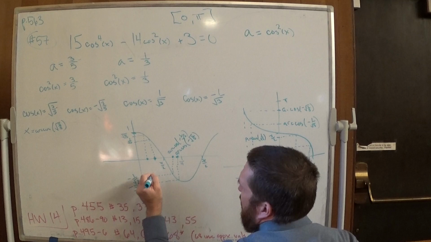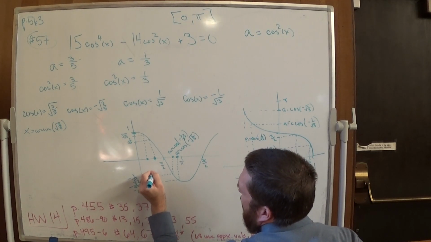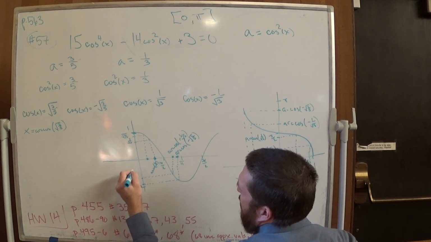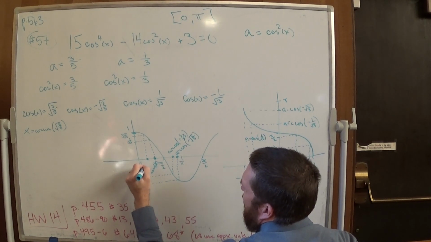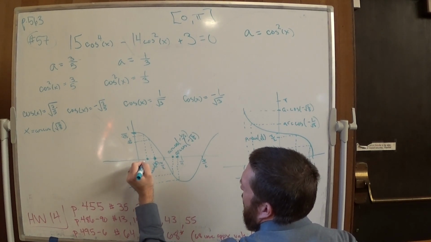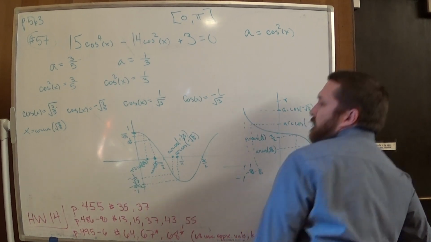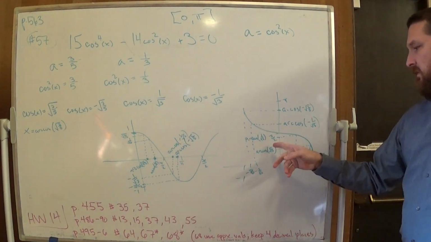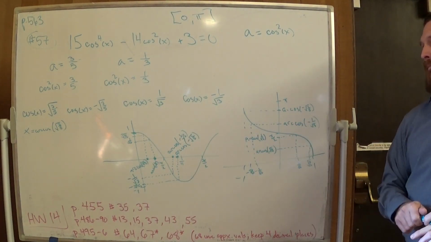This one is arc cos 1 over root 3. This last one is arc cos positive root 3/5. And those should be your four answers. That one, that one, that one, and that one. Conversely, that one, that one, that one, and that one.